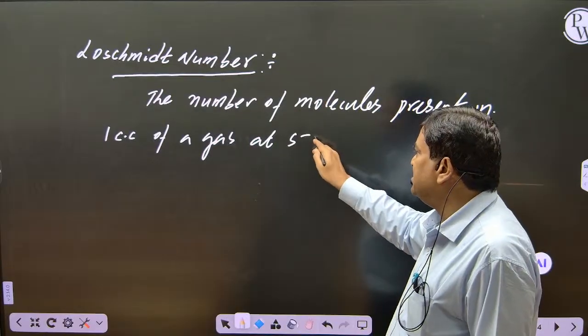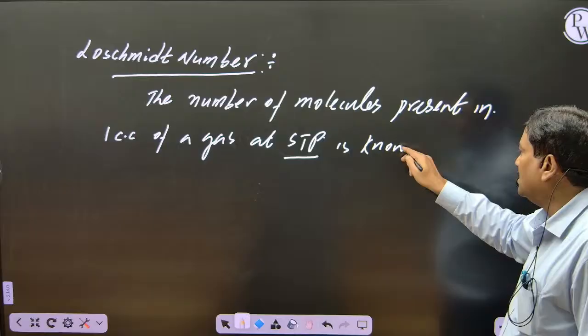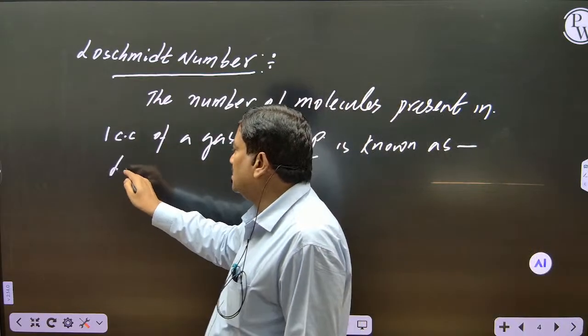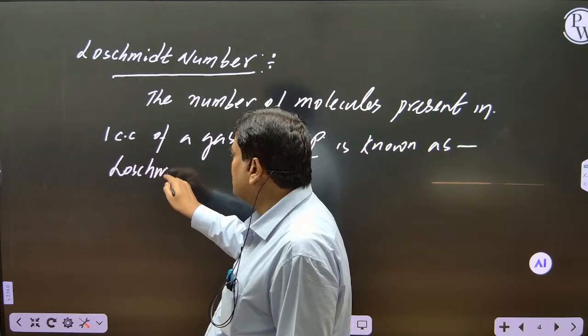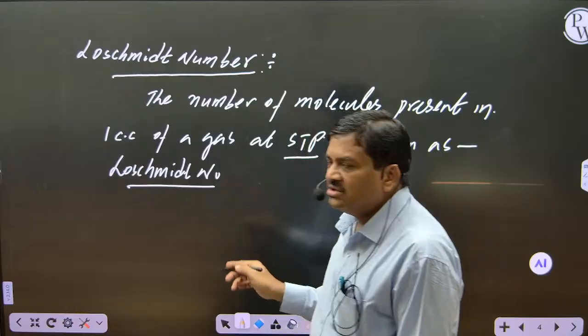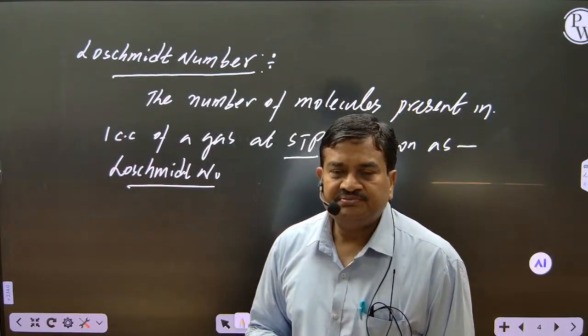What is STP? Standard temperature and pressure. This is known as Loschmidt number. So from the exam point of view, they ask what is Loschmidt number. Loschmidt number is nothing but how many molecules will be present in 1 ml of a gas at STP condition.